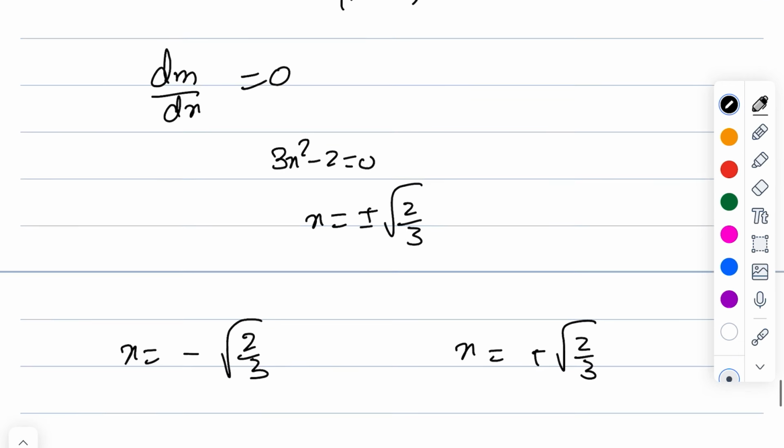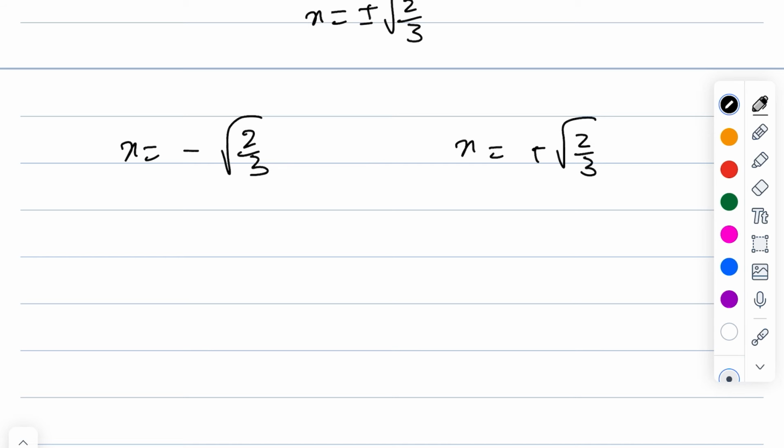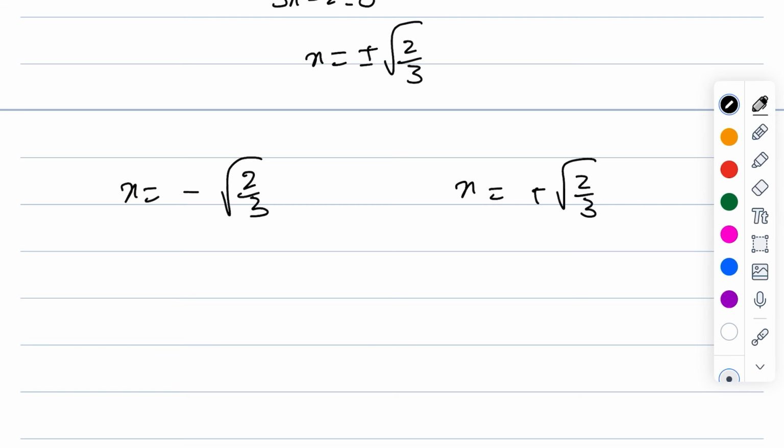Now, we have to find which one is the maximum point and which one is the minimum point. So we know that maximum occurs at negative root 2 upon 3 and minimum occurs at positive root 2 upon 3.